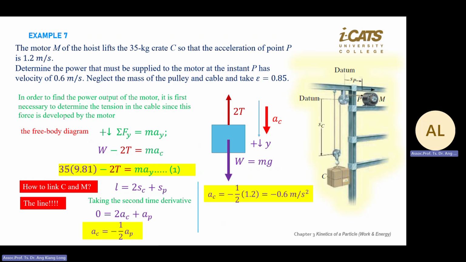Substitute there, you find your tension. Once you find your tension, you need to calculate power, right? Power equal to force multiply velocity. Substitute and get the answer. Okay, so here you get the tension value. When you substitute into equation 1, tension equal to 182.2 Newton.